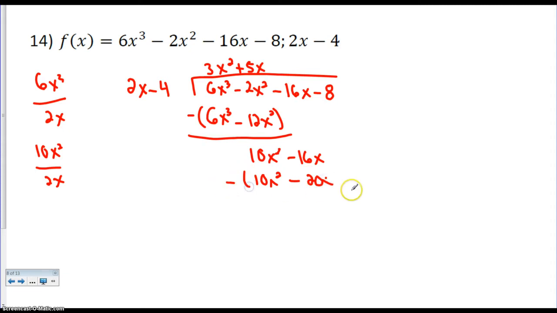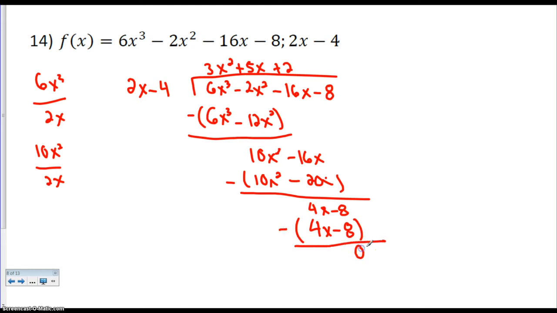So we're subtracting those, and I have 4x minus 8. 2 times what gets me 4? That's a 2. So 2 times 2x is 4x minus 8. And I do not have a remainder, so I have a remainder of 0.